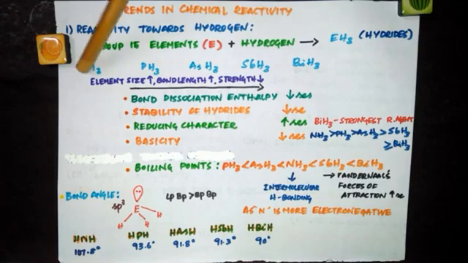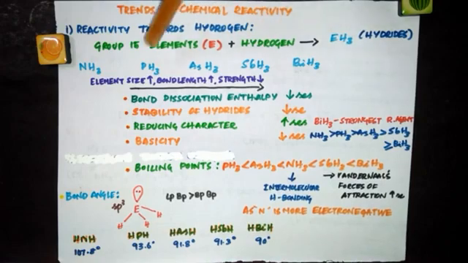What is differing? The atom is differing, because we are talking about the hydrides of group 15 elements. So as you move along this, the size of the element increases. So as the size of the element increases, the bond length increases, because the central atom size is increasing. So the bond length between the central atom and the hydrogen also increases.